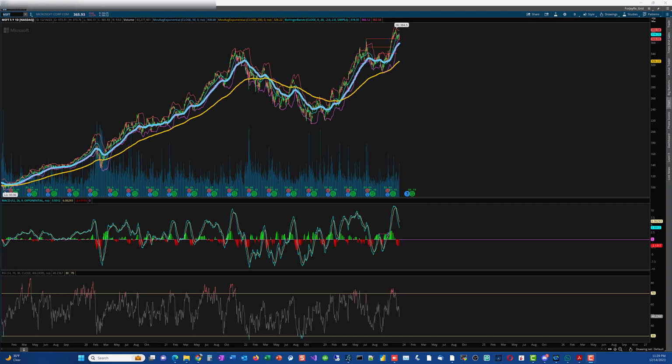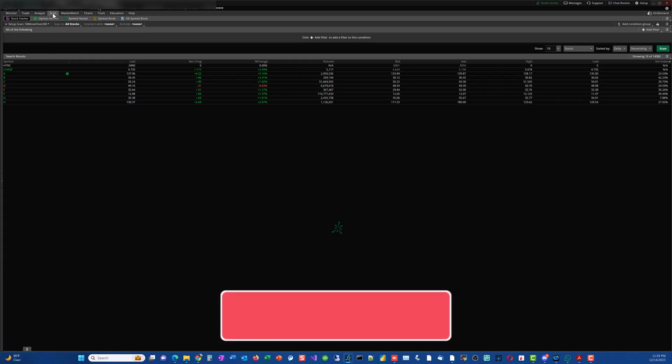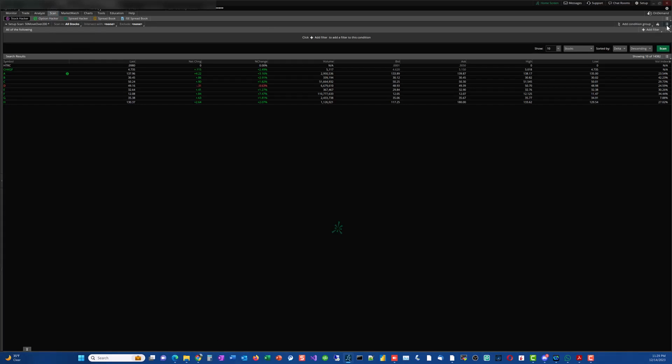On your Thinkorswim platform, you go to the main window that has the scan query. On the top right you see monitor, trade, analyze, scan, market watch, charts. You go to the scan tab, then go down and load queries.